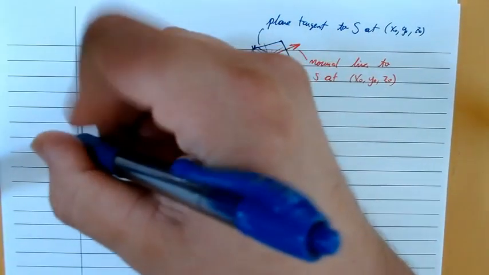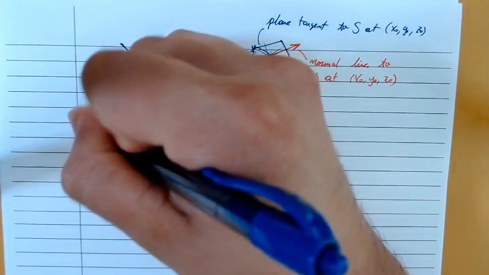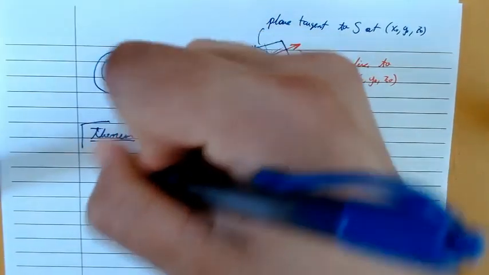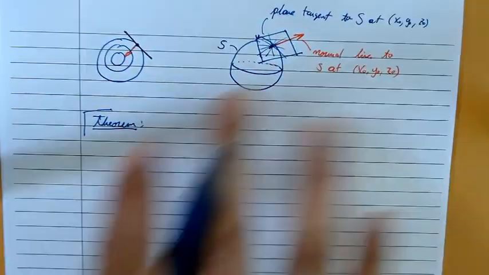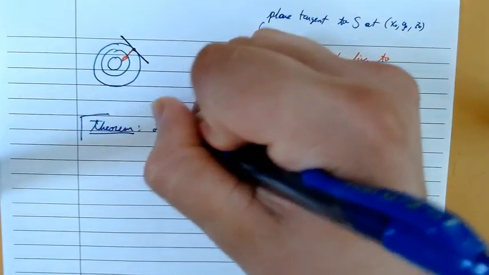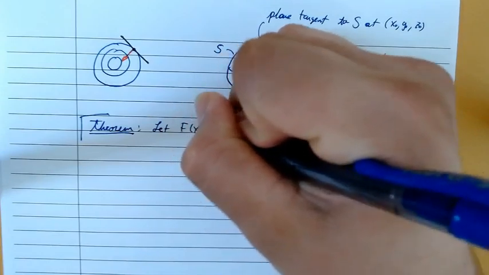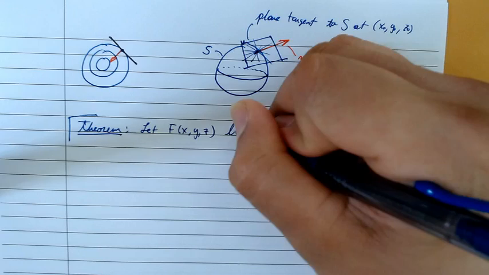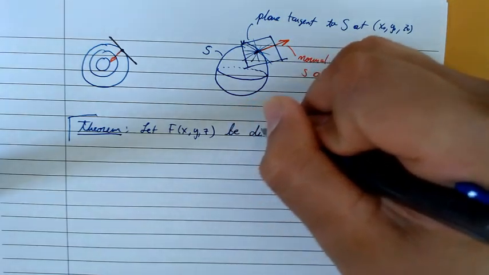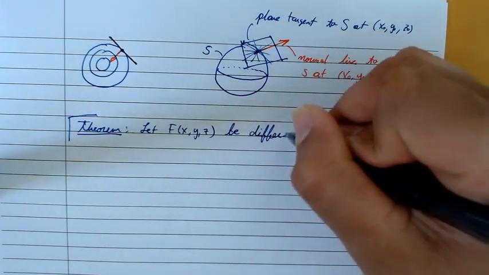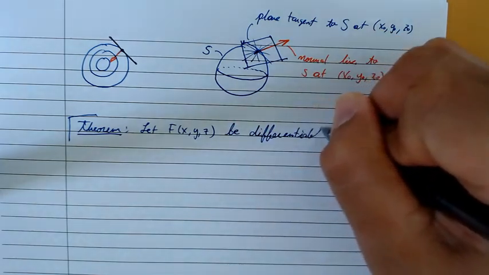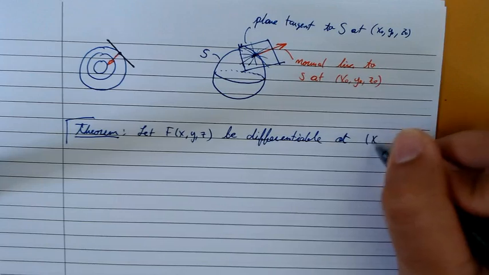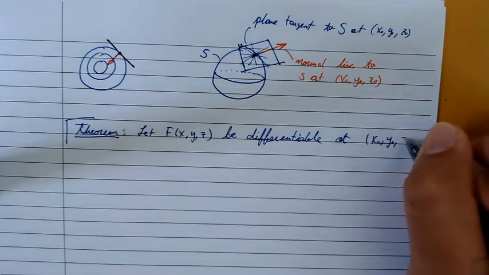All right, here we go. Theorem. Let's begin with one of those things, right? Let f of x, y, z be differentiable at some point x naught, y naught, z naught.